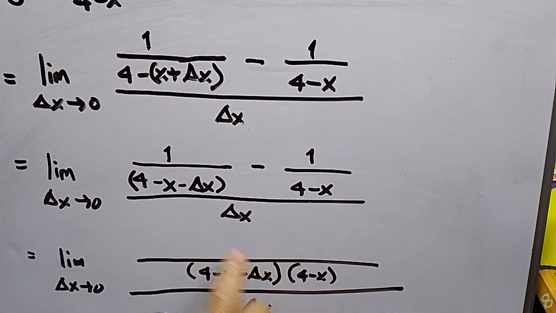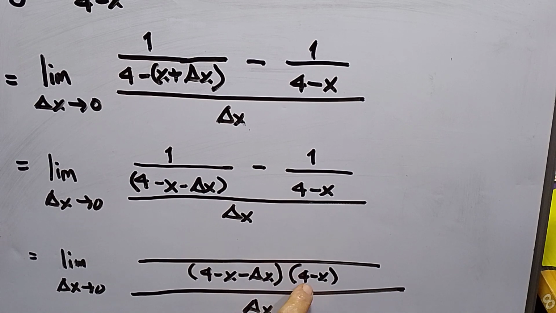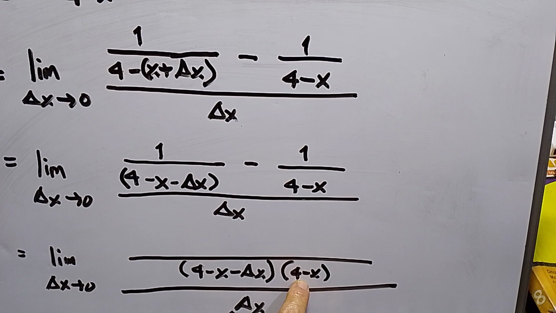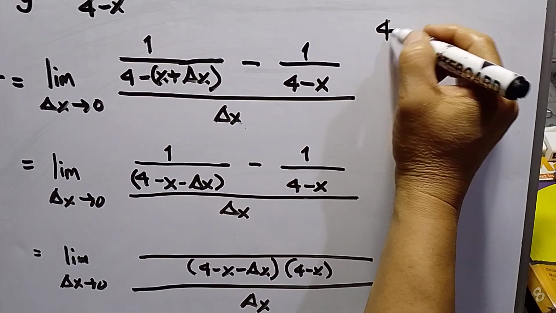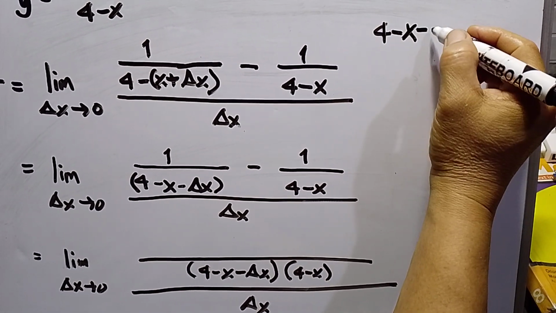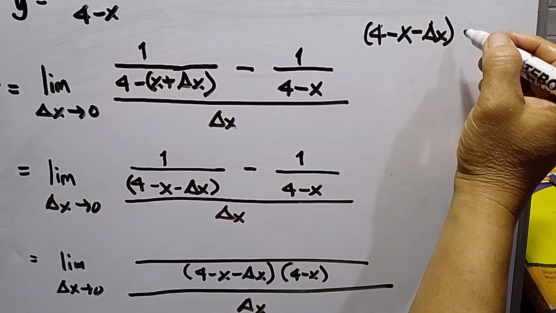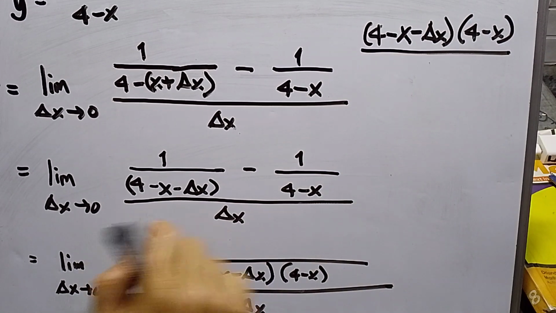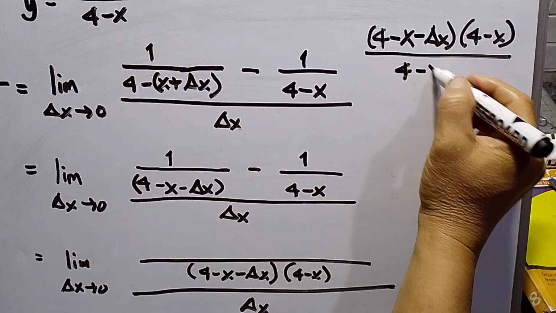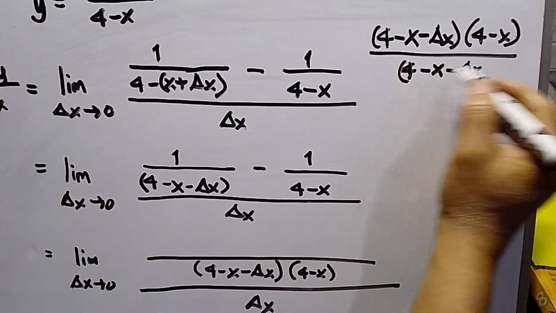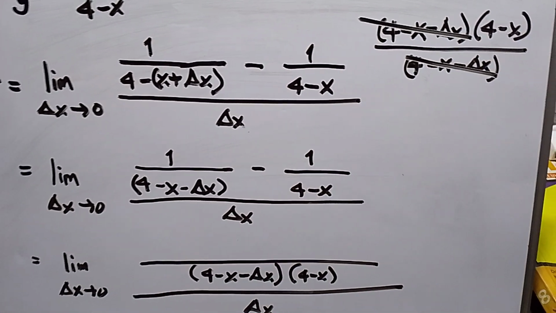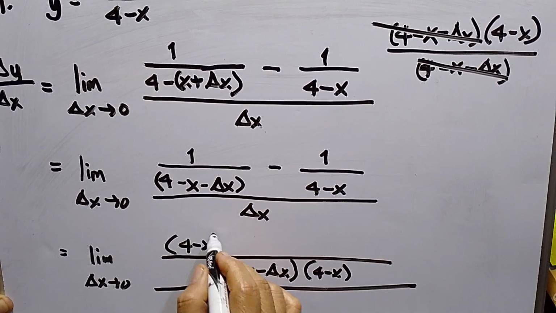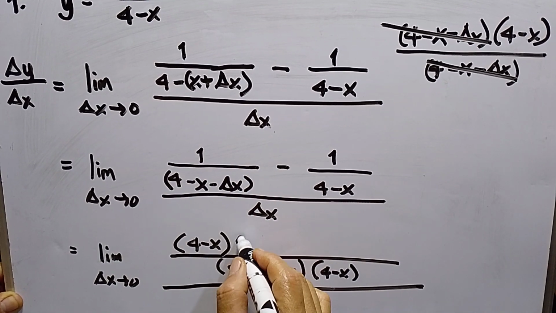The LCD divided by the first denominator, 4 minus x minus delta x, is crossed out, leaving 4 minus x times the numerator, which is 1.